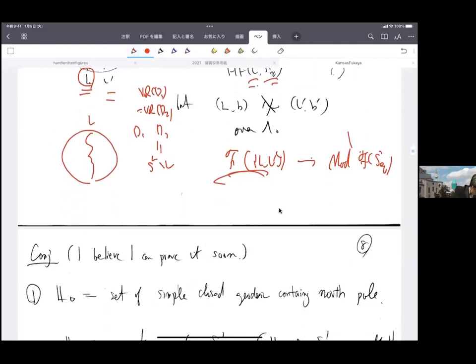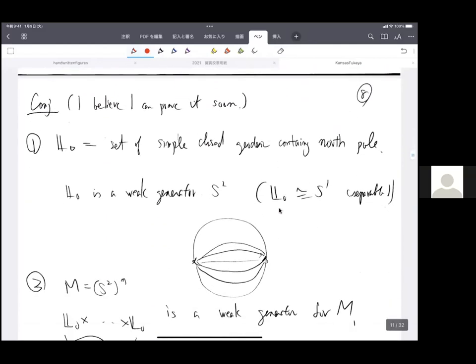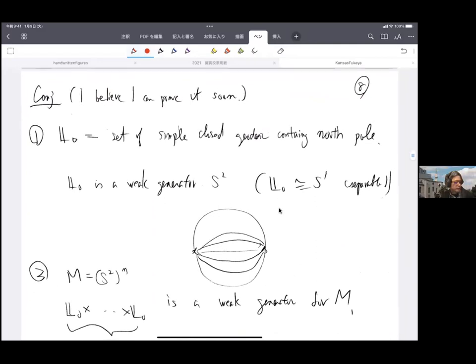So the conjecture, well, I think it's almost a theorem, but I didn't write it up, so I call it a conjecture. Let me consider the case of S2, and consider L0, the set of simple closed geodesics containing the north pole. So you have this S2, with the north pole and the south pole.